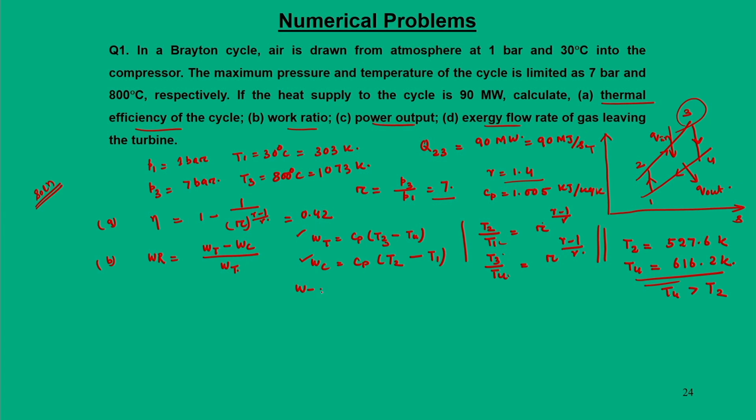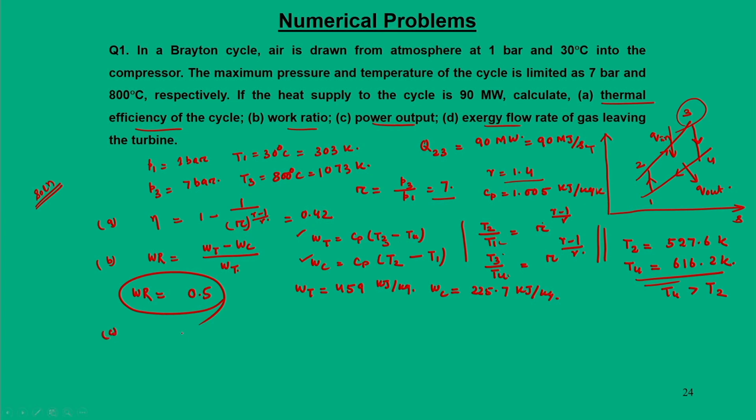Wt is 459 kilojoule per kg, and compressor work would be 225.7 kilojoule per kg. By putting this, we find the work ratio as 0.5. Okay, so we got this work ratio.